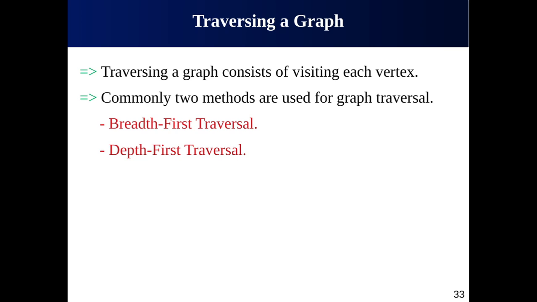So we need specific methods for traversal of a graph, and two of the most commonly used methods for graph traversal are known as breadth first traversal and depth first traversal. Although these two methods are used for traversal, they are commonly known as breadth first search and depth first search.